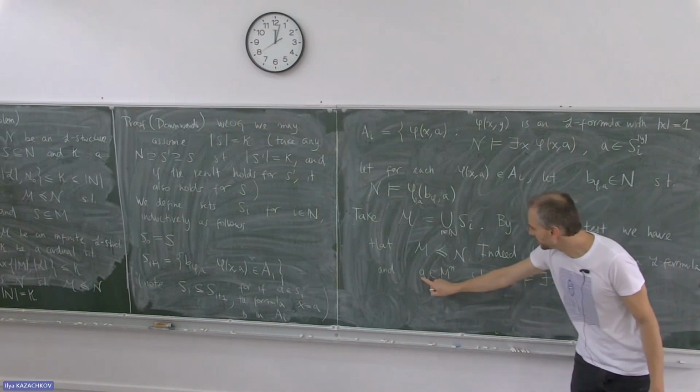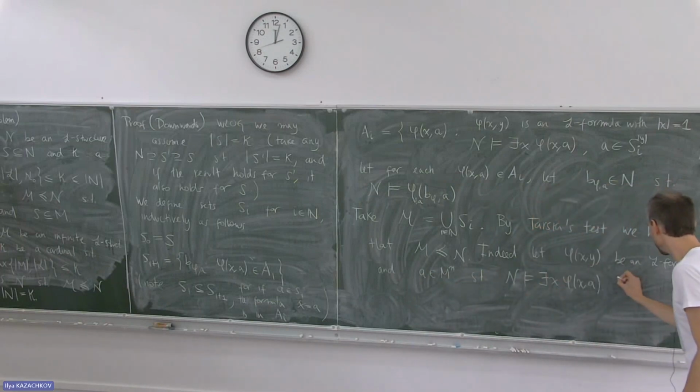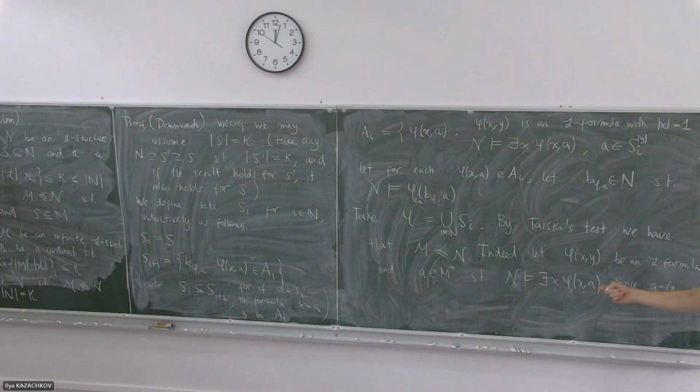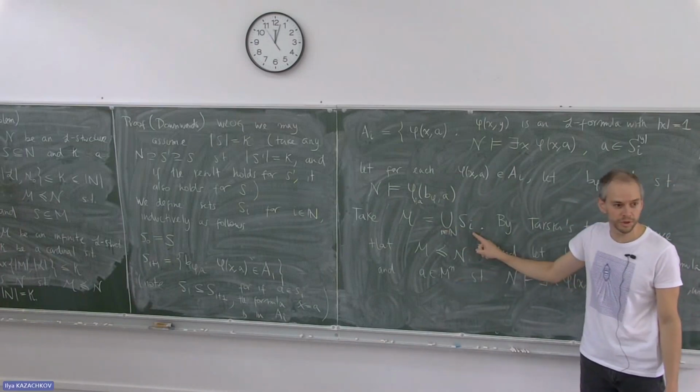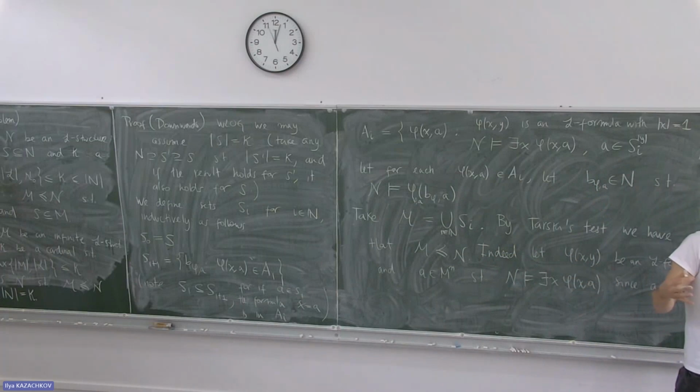Since A is just A_1 up to A_n, all of them must appear. If they belong to M, this means that they belong to the union. This means that they must have appeared at some point in one of the elements of the union, all of them, right?